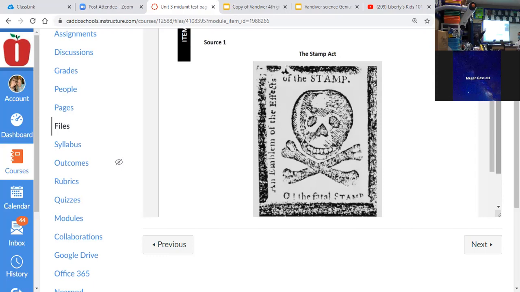That was them mocking the British and the Stamp Act. That's why they put a skull and crossbones on it. Kind of like propaganda, another thing to turn people against the British, like a comic book image.